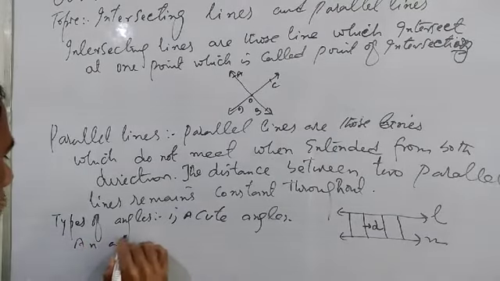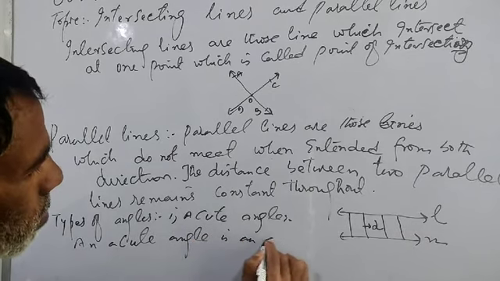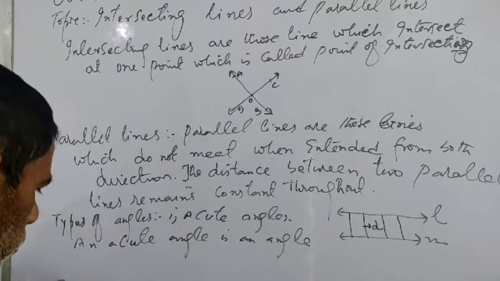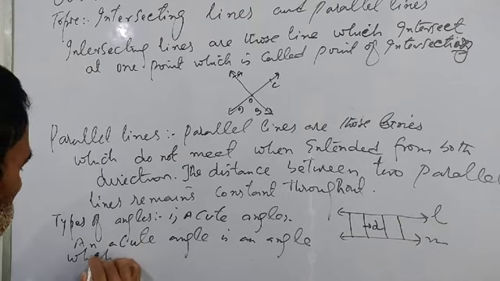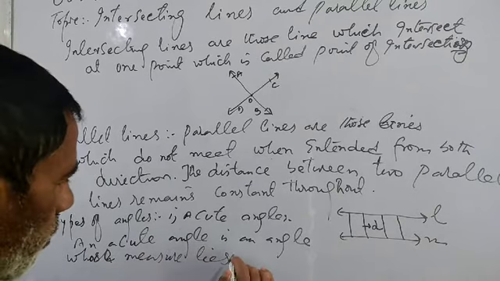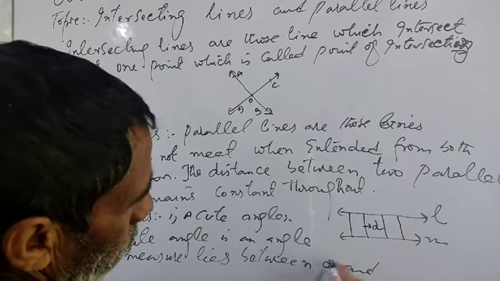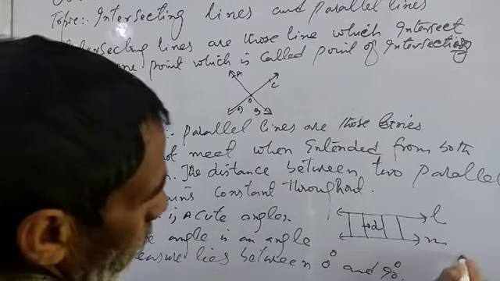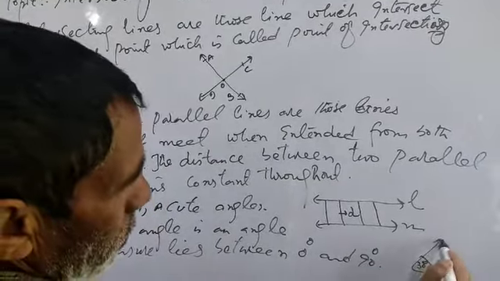An acute angle is an angle whose measure lies between 0 and 90. For example, this is an acute angle. This is, for example, 30 degrees. This is called an acute angle.